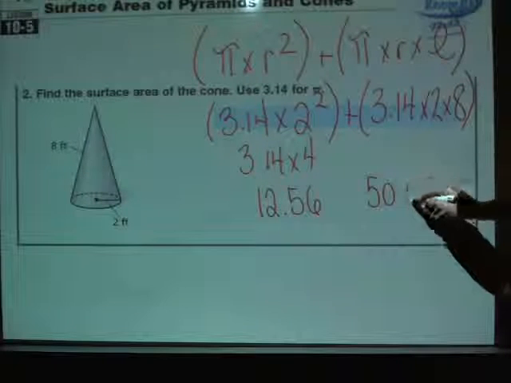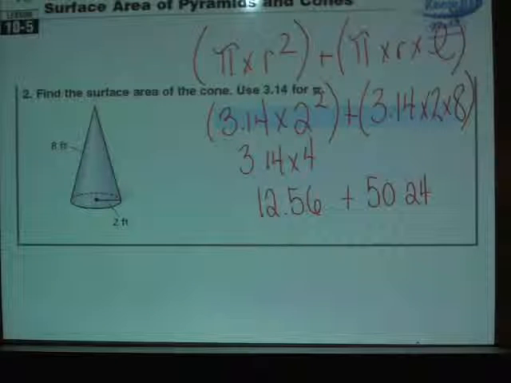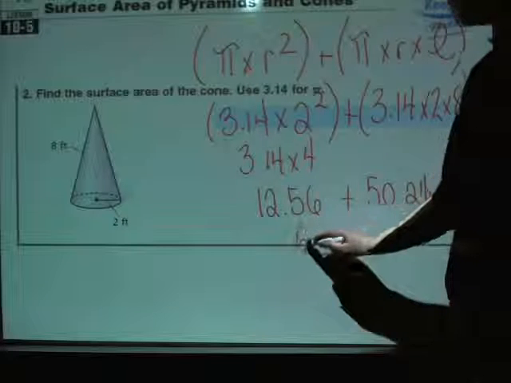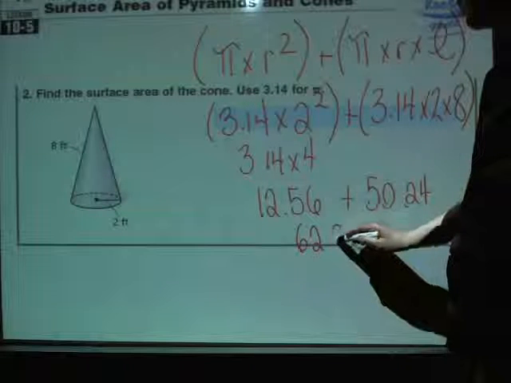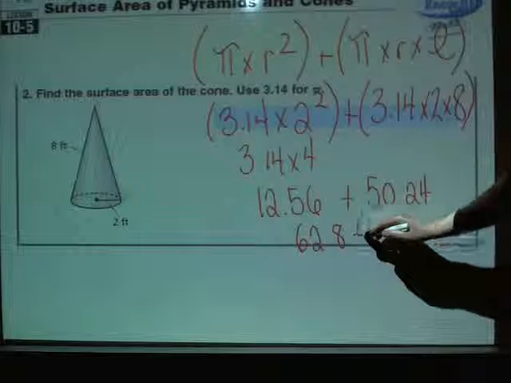So I'm adding together 50.24 and 12.56. When I add these two together, 50.24 plus 12.56 is 62.8. So we've got a surface area of 62.8 square feet.